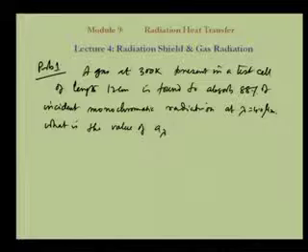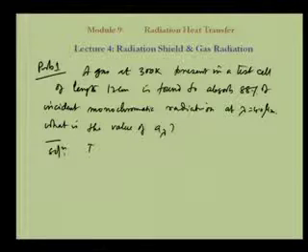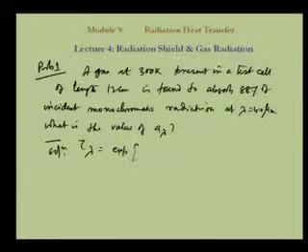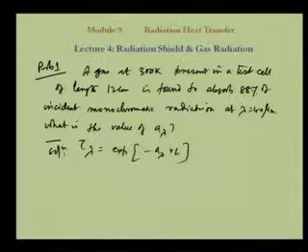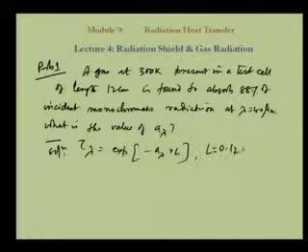So, now we know the solution. tau lambda is equal to exponential of minus A lambda into L. Okay, that is what we have already seen, and L is equal to 0.12 meter.